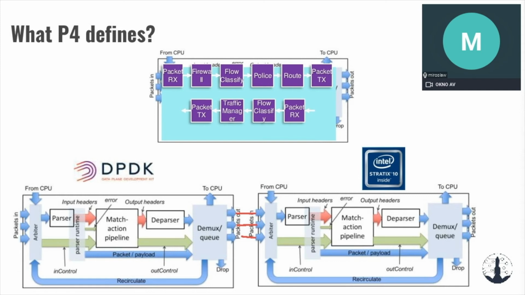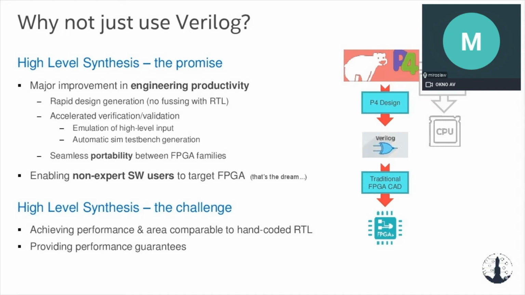Okay, that is really just defining how P4 works. And we can go here to how we can use P4 for the FPGA. P4, as I said, is a language for high-level synthesis.